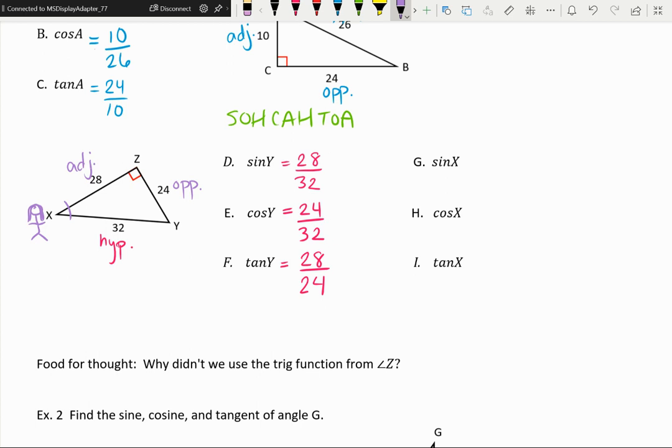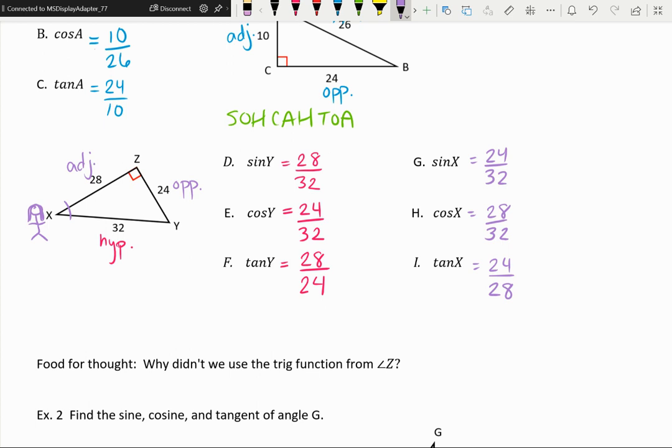I got all that. Did you just copy? No, I got 24. I got 24 over 32. I figured it out. 24 over 32. What time do we get out of class? All right.